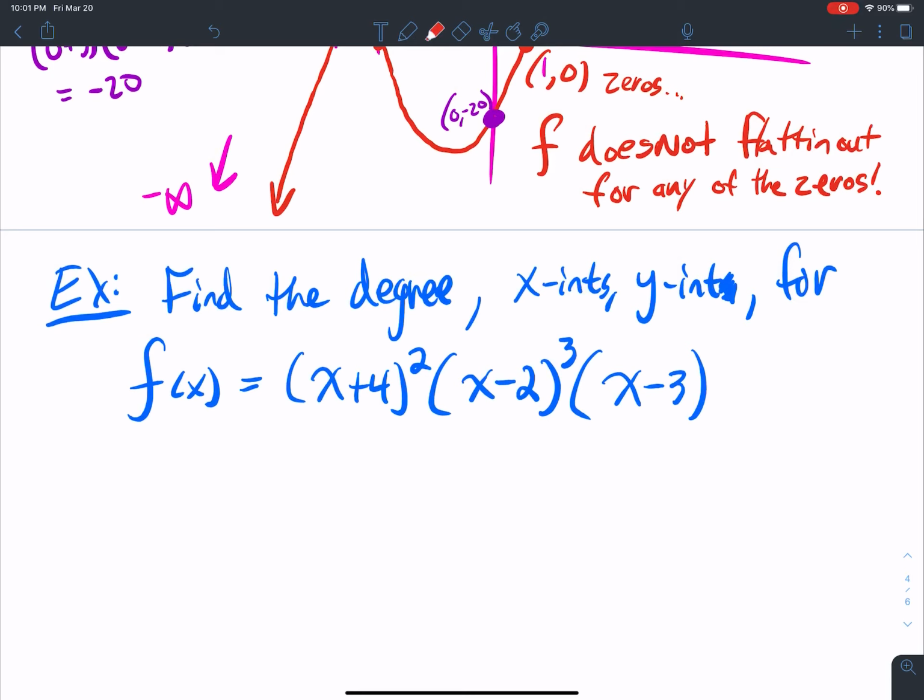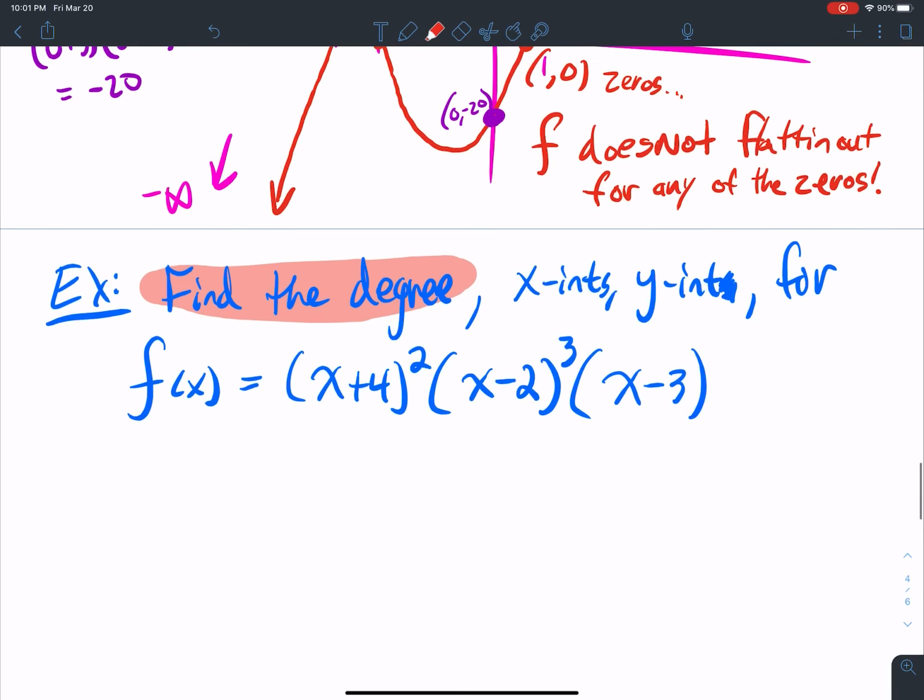First thing I need to do is find the degree. There's two ways to do it. Either I multiply all this out, or I use this little trick I've got here. Okay, I look at this, the degree of this first term here. All right, looks like it's a degree 2. There's a linear x in here. If I multiply it out, I'd have an x squared term. So that's a degree 2.